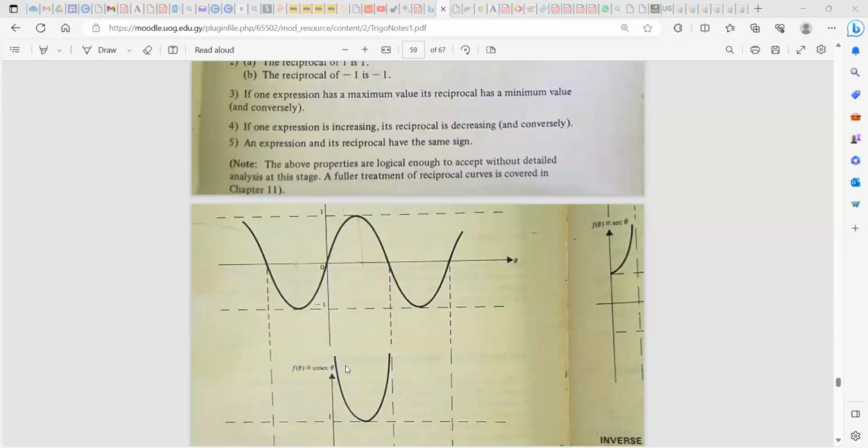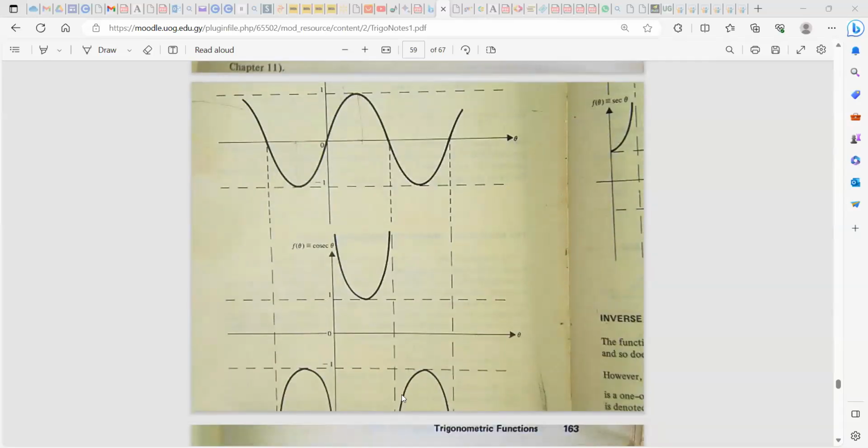It was 0 here, but the reciprocal will come from infinity from up here. It's 1 there, so that's a maximum point. Here you don't have a minimum point. It's 0 there, so it goes back to infinity, and you continue like that. It goes negative here, so it comes from negative infinity. It's a minimum there, so there's going to be a maximum there, and so on. It goes to 0 there, so it's going to go to negative infinity. So it's the very opposite there. That's what the graph says, and that's how you draw it.